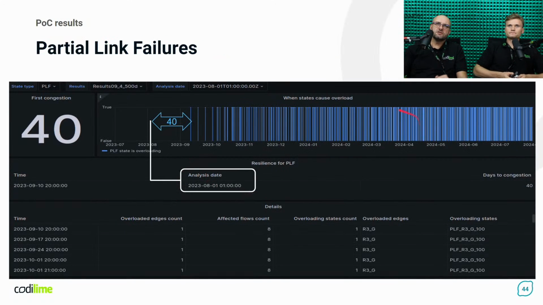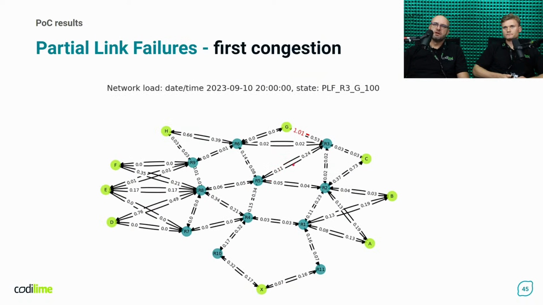And the results for the partial link failures, and here we can be a little bit surprised because the time to the first congestion is only 40 days. So it will happen when we have the partial link failure of the link R3 and G. We can visualize this. So this is the situation. Normally this link has 200 gigabit per second speed.